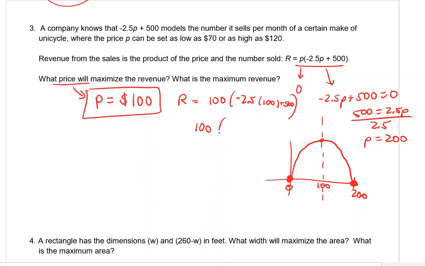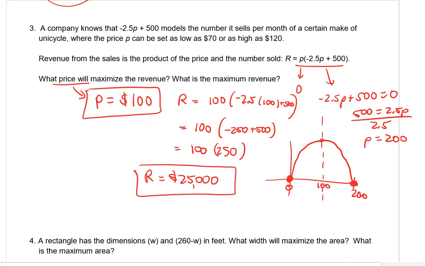So 100 times 500. So the revenue. So if I sell my unicycles for 100 apiece, the revenue will be 25,000.